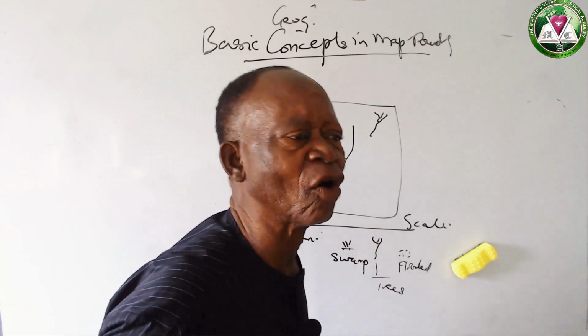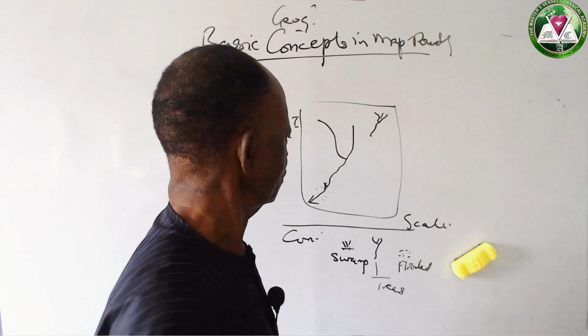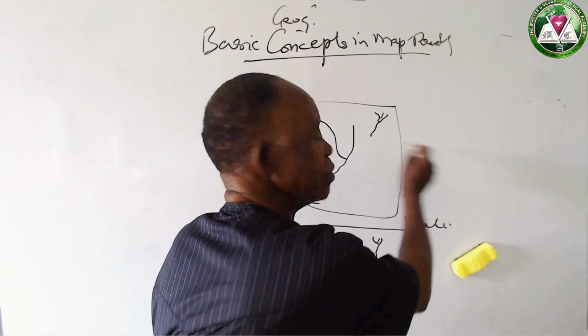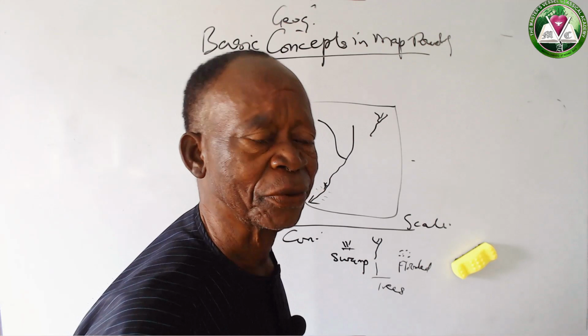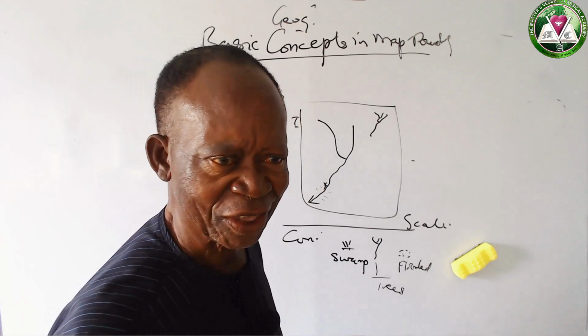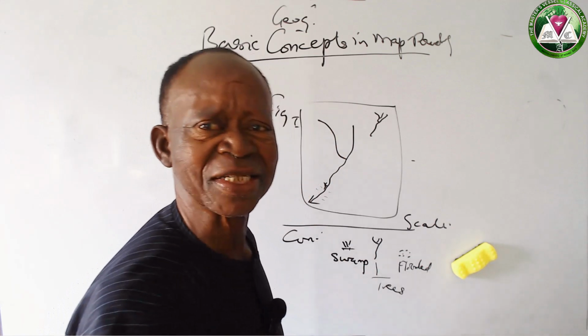Which area of the map, since you know the direction of map, this is east, west, north, south, is flooded after heavy rainfall? Since you know that this is flooded, you answer it.